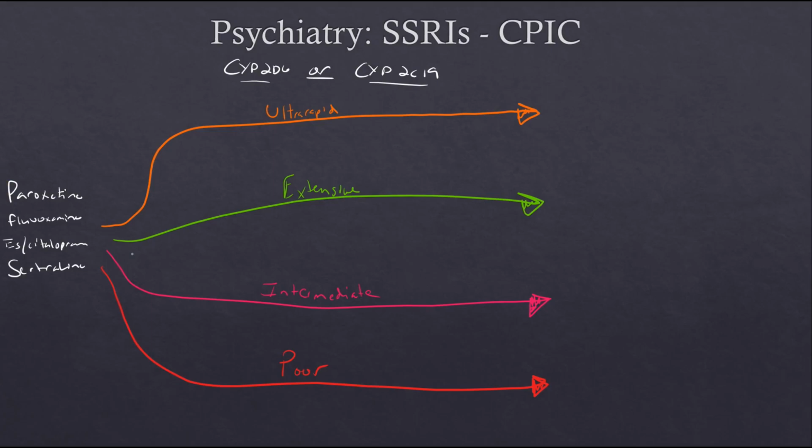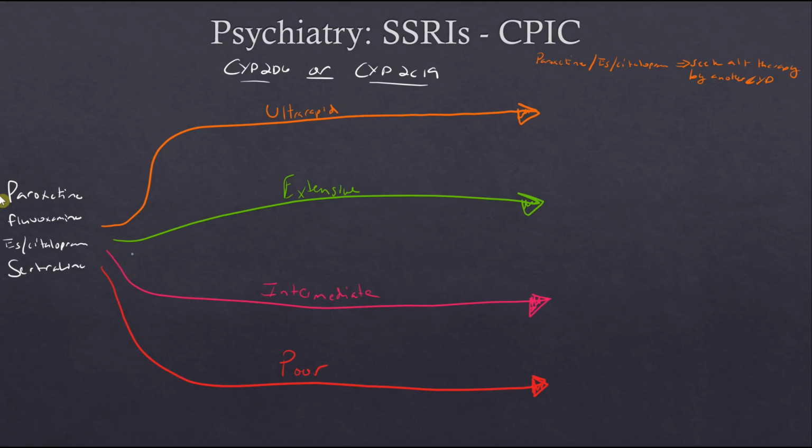So first, let's take a look at what the ultra-rapid recommendations are for SSRIs. So for paroxetine, S-citalopram, or citalopram, the recommendation is to seek alternative therapy with a drug that's metabolized by a CYP other than 2C19 or 2D6, depending on the drug we're talking about.